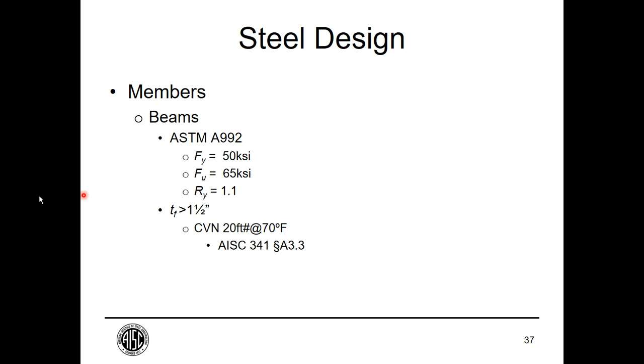For the sections that have thinner flanges, we expect that they have that same level of toughness or a higher level of toughness, so we don't test those sections because it's essentially a waste of effort to test those thinner flange sections for V-notch toughness. Columns, same material.